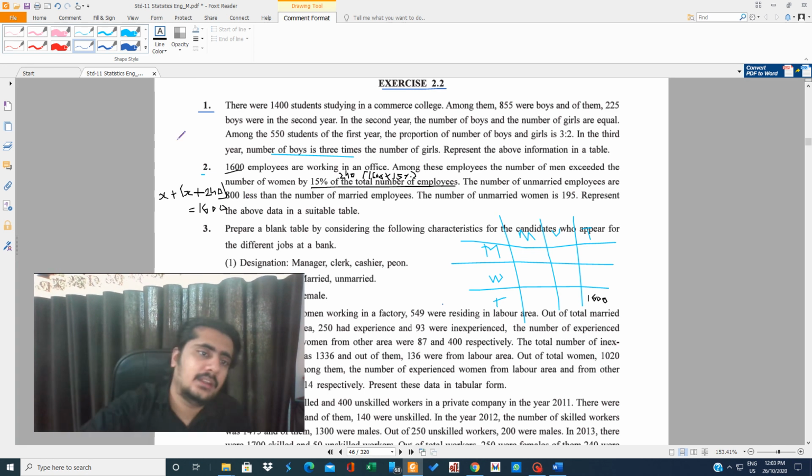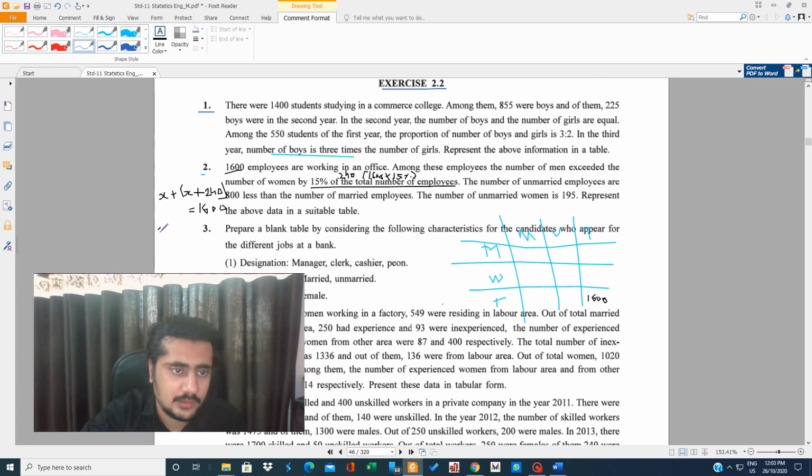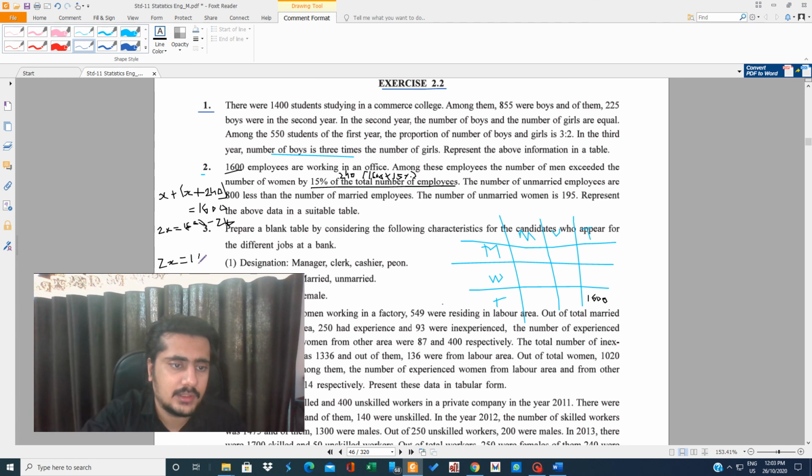Now if you solve this, 2X is equal to 1600 minus 240. You can write as I am speaking because the writing is not matching. So 2X will be 1360.